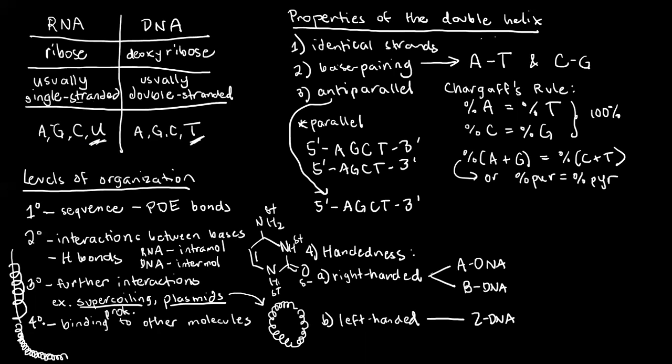But for the quaternary level, it involves binding to other molecules, and usually we're talking about proteins here. For example, histones. Histones are proteins which normally form complexes with DNA.